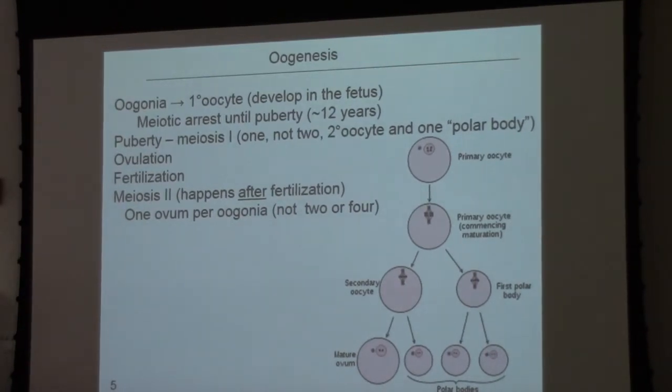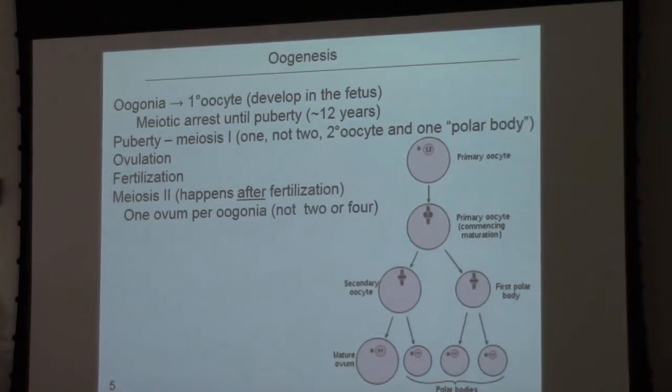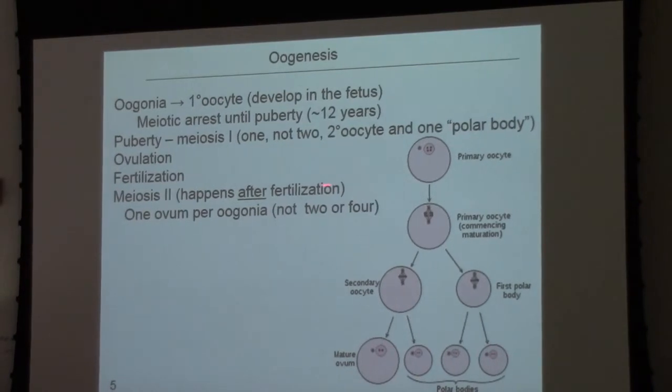They are haploid, but only one of them is the secondary oocyte. The other one is sort of a sideline. And this secondary oocyte is an oocyte that can develop into a mature ovum if it is ovulated.